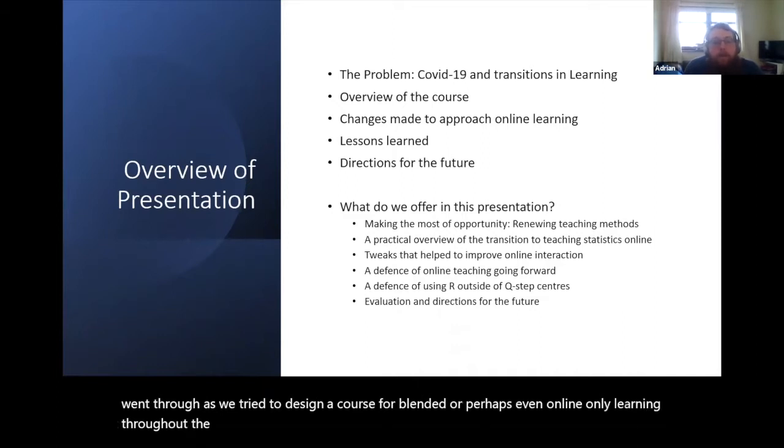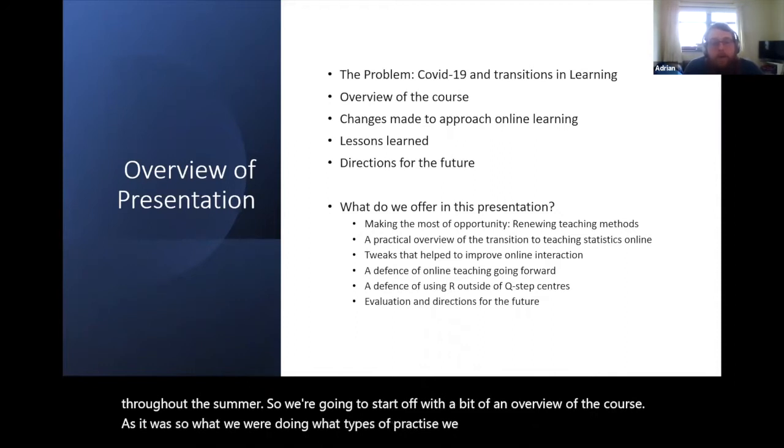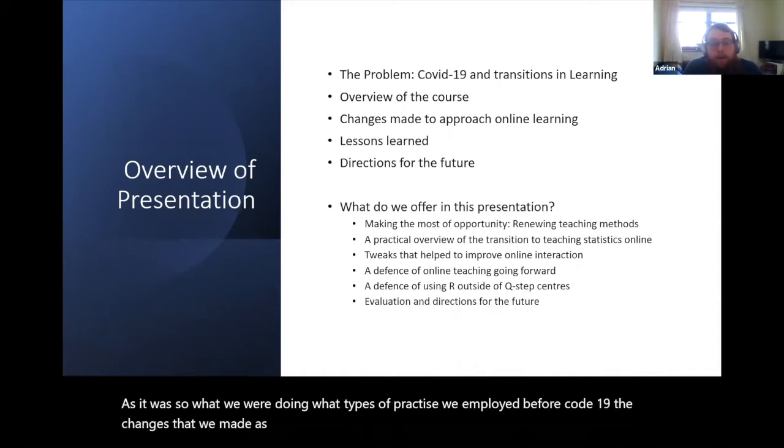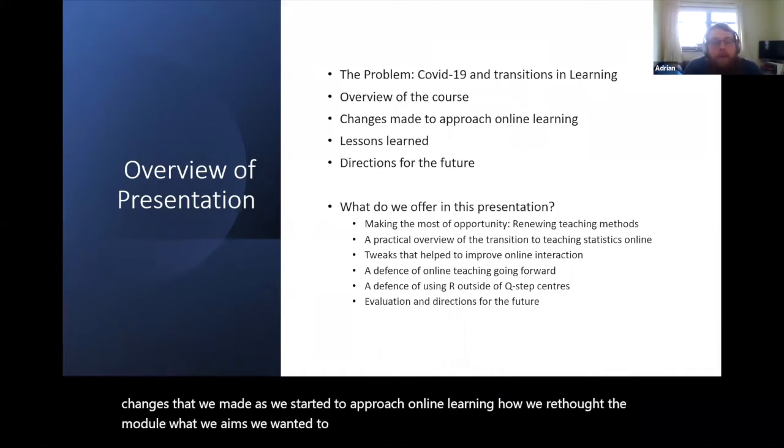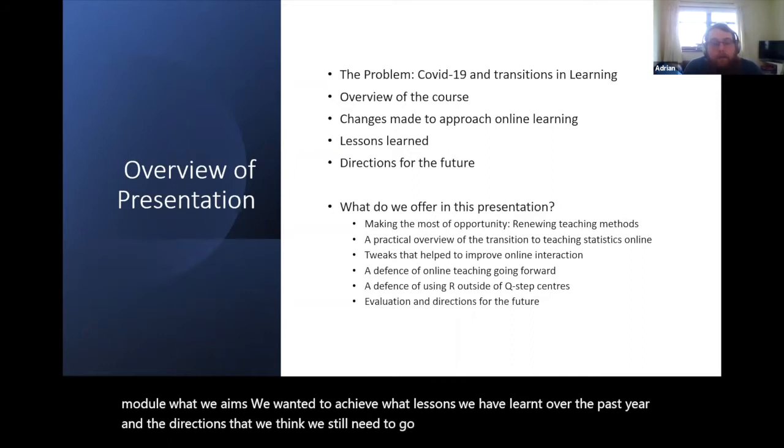We're going to start off with a bit of an overview of the course as it was. So what we were doing, what types of practice we employed before COVID-19, the changes that we made as we started to approach online learning, how we rethought the module, what aims we wanted to achieve, what lessons we have learned over the past year, and the directions that we think we still need to go in going forward.